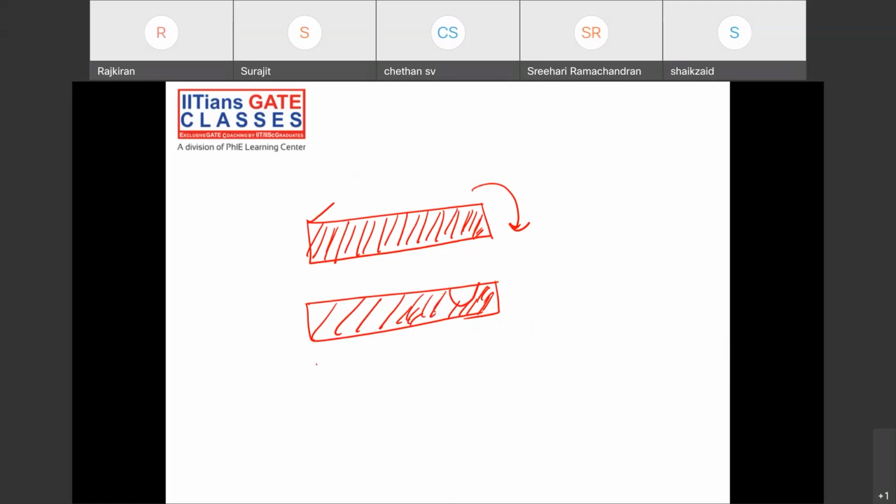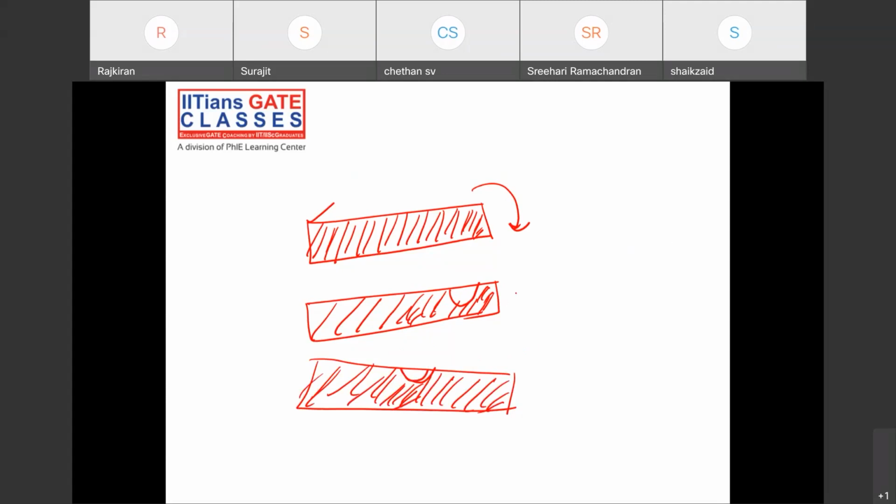Suppose I tilt it. What will happen to this bubble? It will come upward, right? The bubble will move upward, or not? So is there any confusion in this?